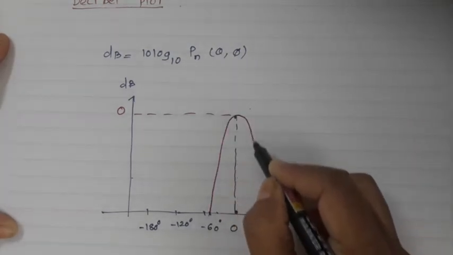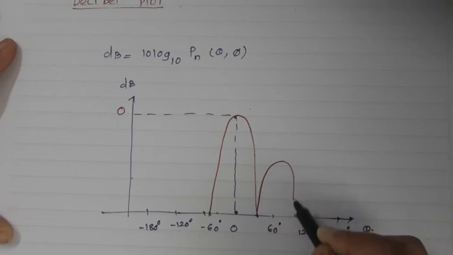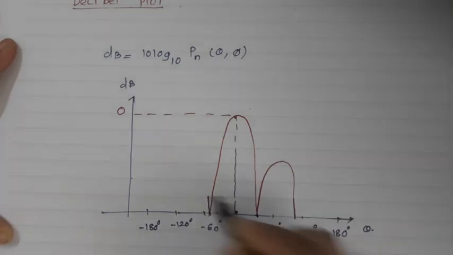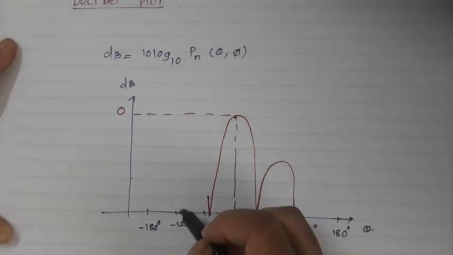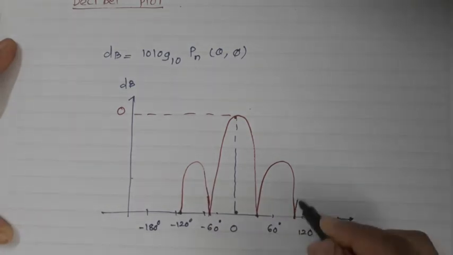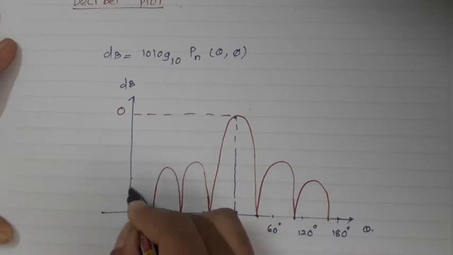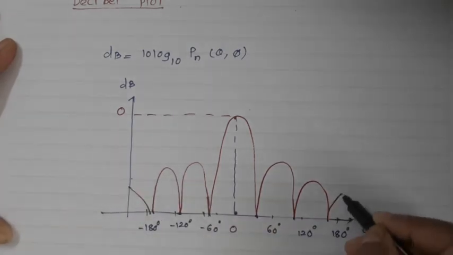So this is the maximum power. Around 60 degrees it will go like this, then the side lobes, and again from 120 to 180 it will go like this, and before 180 this must start again, like this and like this.